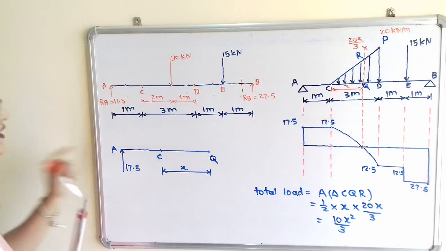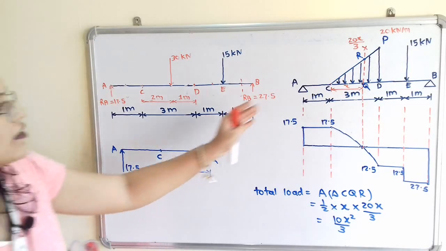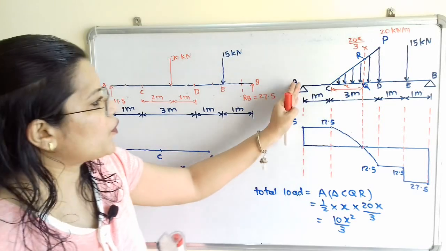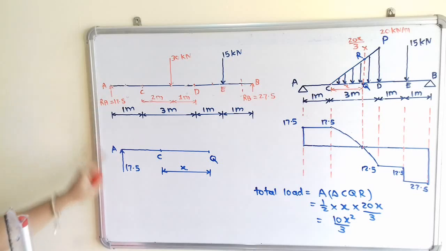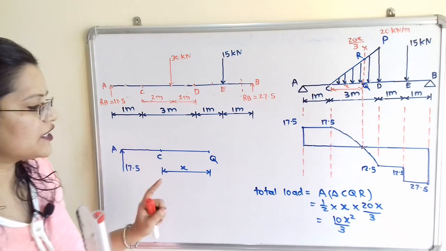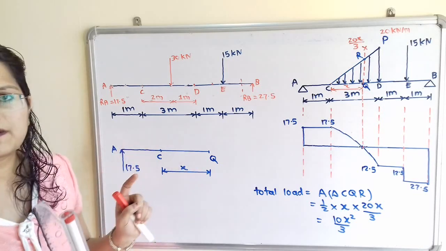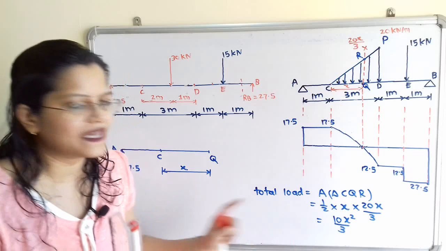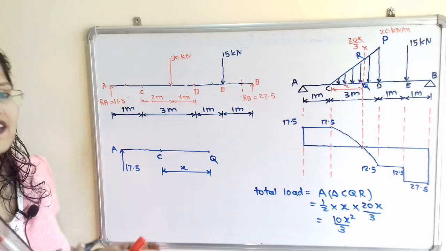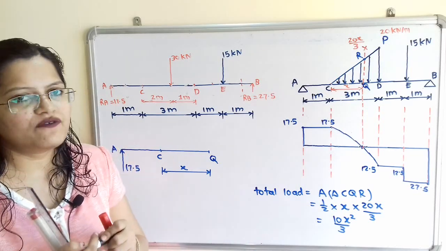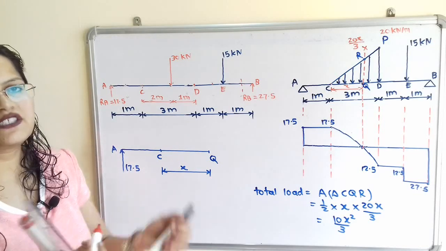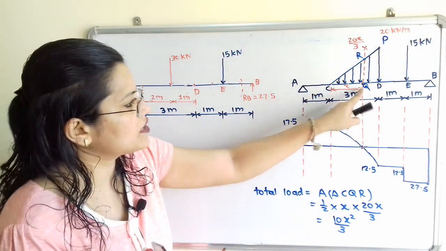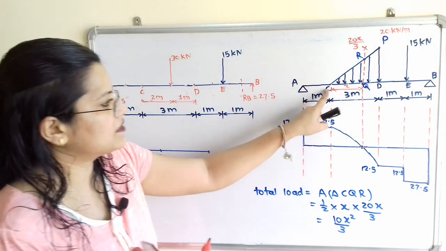Now we will draw the free body diagram. We will consider the section from point A to Q. Here is A. We have to show at point A the reaction 17.5 in the upward direction. Now next, in between CQ, the distance CQ is x. Now we have to show the point of application of this force. We know that for the point of application of the force, or center of gravity, we have to take two parts, that is 1 by 3 multiplied by the total span and 2 by 3 multiplied by the total span.